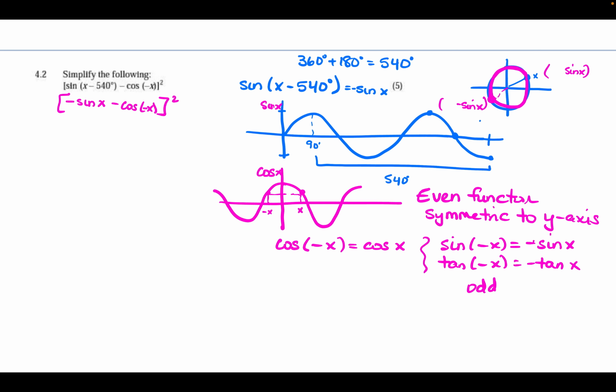Those are odd functions, and they are symmetric around the origin. But that's a little bit off track here. Okay, so let's get back to the problem. So we know that cosine of the opposite of x will equal cosine of x.